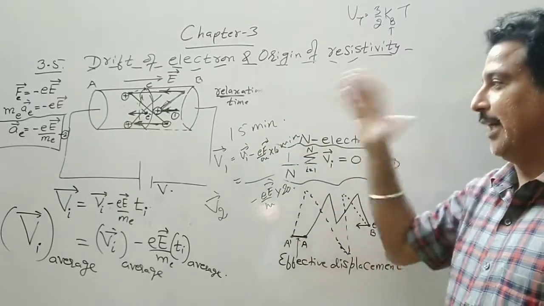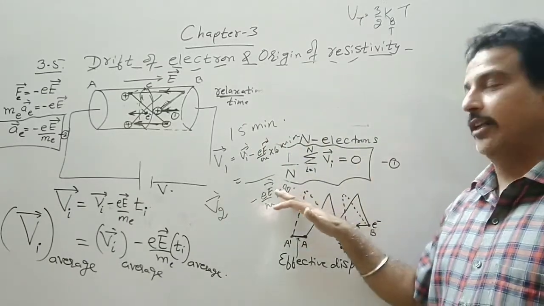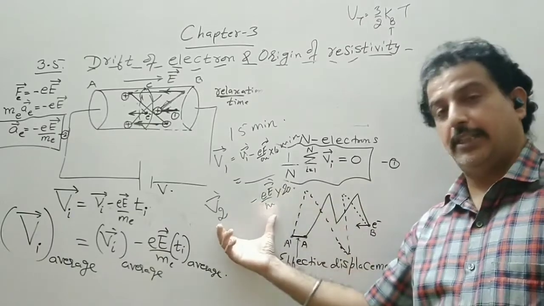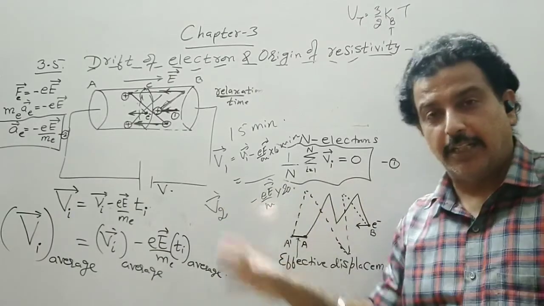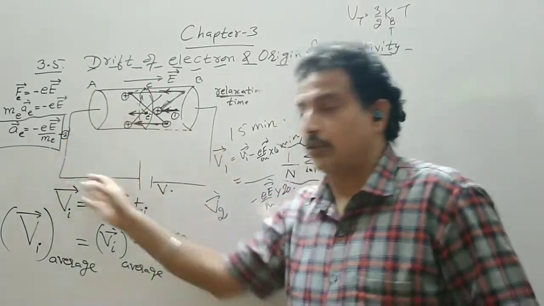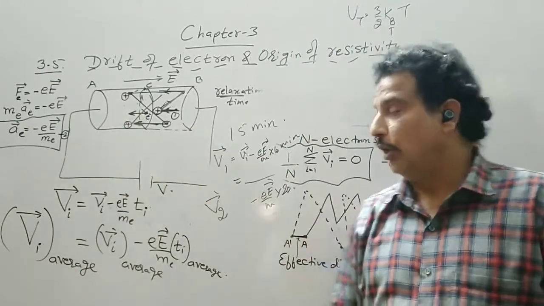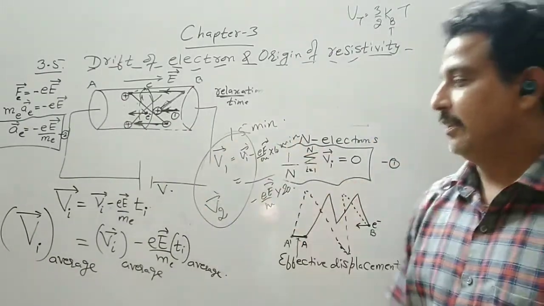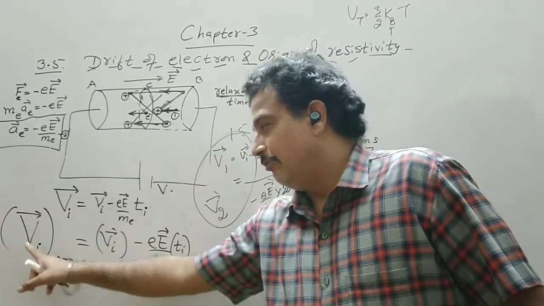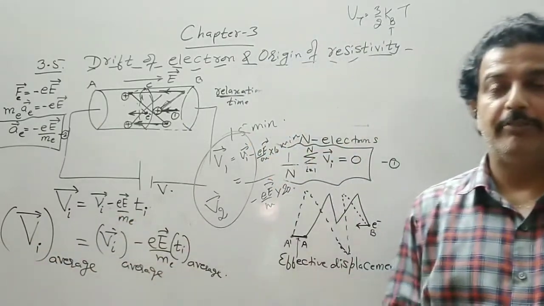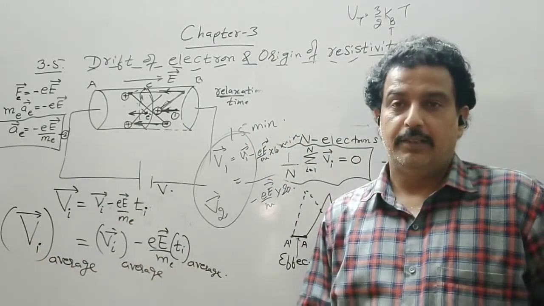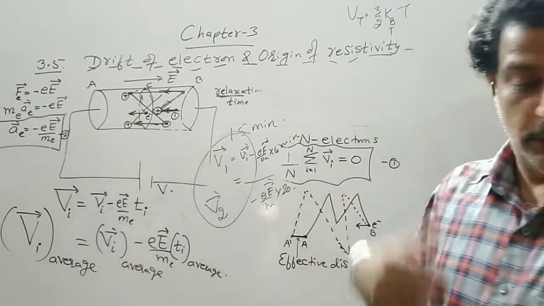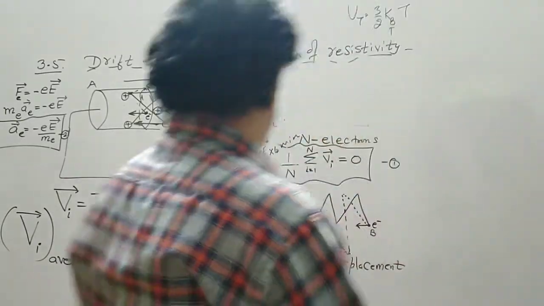So the second time, its relaxation time was 20 minutes, giving a new velocity. Now the entire journey is over and it has come out from this cross section. There was only one electron, so I take the average of this. That will be V1 average. So this is how you have to calculate the final velocity.